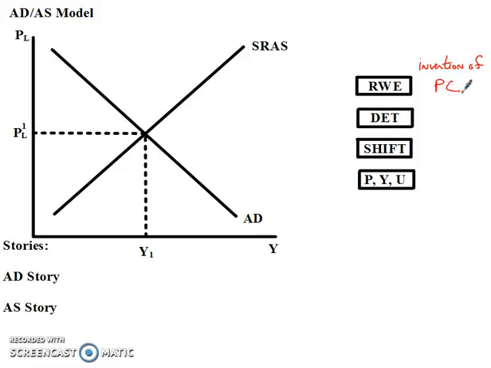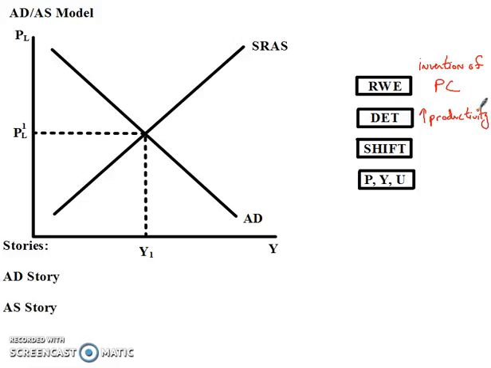So the invention of the PC, and really what I mean is the mass use of the PC, begins sometime in the late 80s, which then overflows into the productivity miracle of the 90s. The argument goes that we get an increase in productivity.